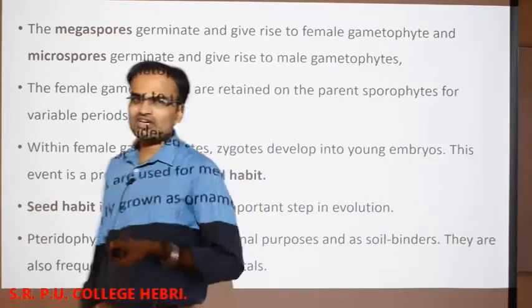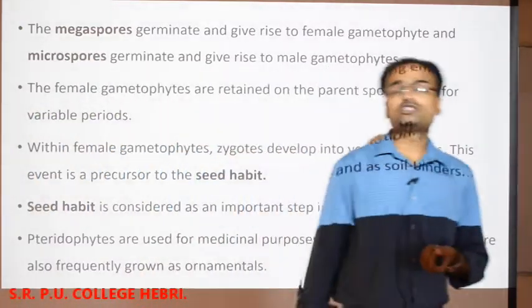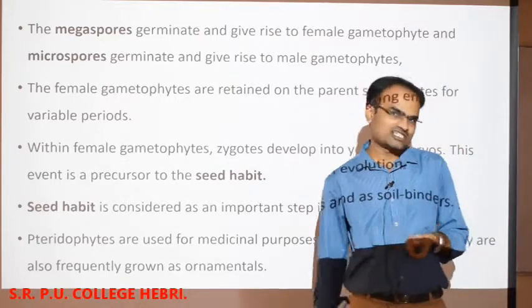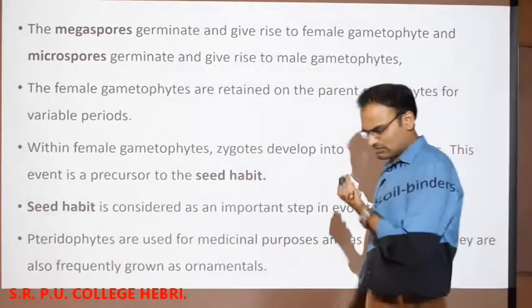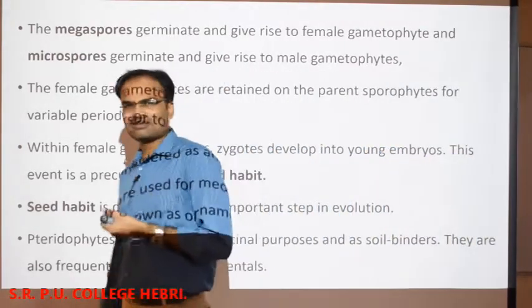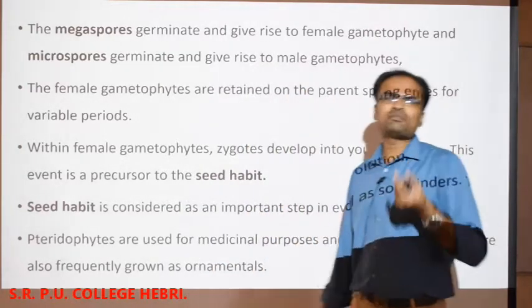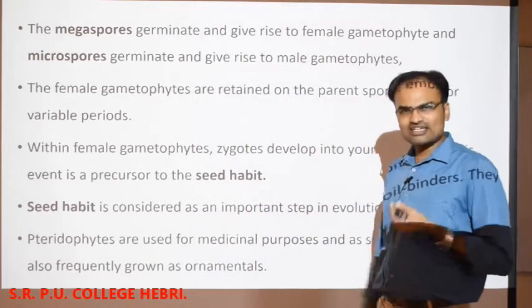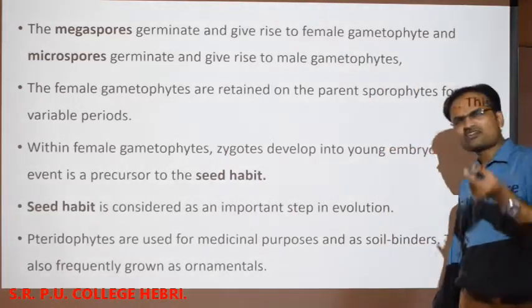In the case of bryophytes, what happens? The sporophyte was not independent, it was dependent on the gametophyte for its nourishment. But in the case of the pteridophytes, what will happen? The male gametophyte is independent, but the female gametophyte is somewhat dependent on the sporophyte for a variable period.